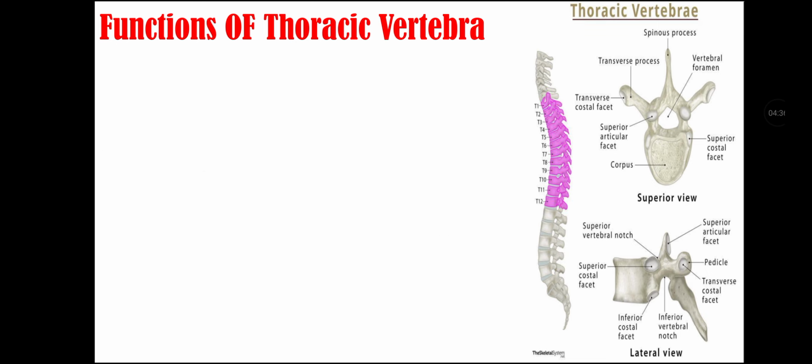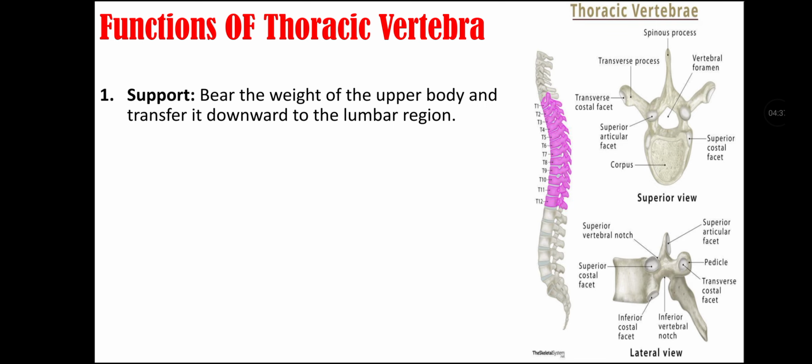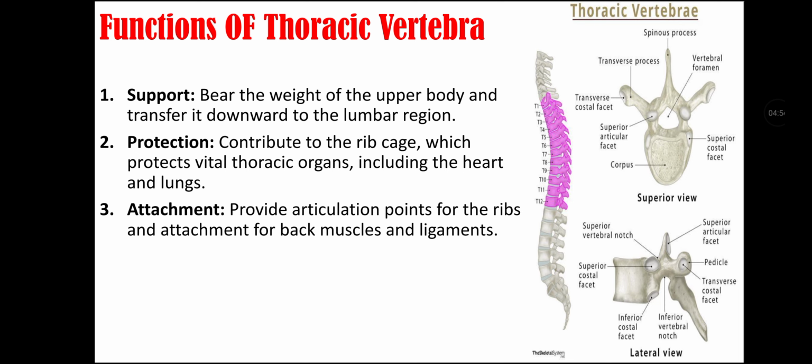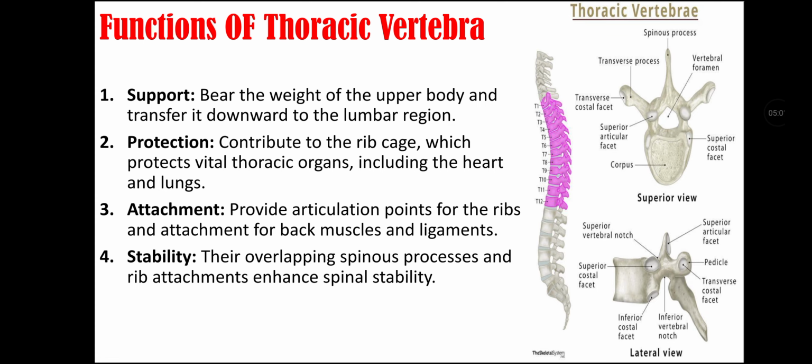Functions of thoracic vertebra. First function is support, as thoracic vertebra bear the weight of upper body and transfer it downward to the lumbar region. Second function is protection, as these vertebra contribute to the rib cage, which protects vital thoracic organs including heart and lungs. Third function is attachment, as these vertebrae provide articulation point for the ribs and attachment for back muscles and ligaments.